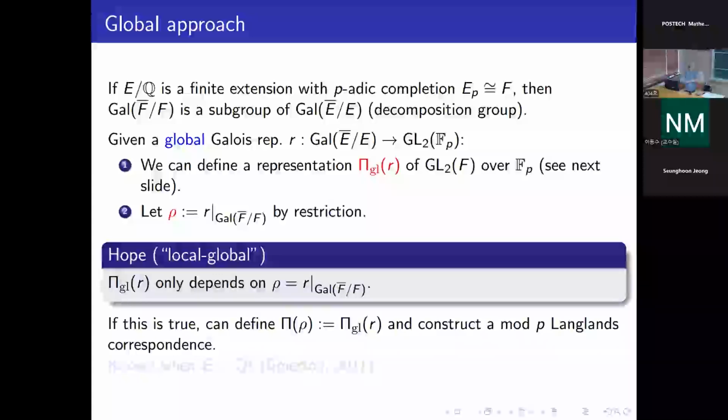And if this is true, we can define a mod p Langlands correspondence in this way: just globalize the Galois representation, take the associated GL2(F) representation, and then take that. And the nice thing is, it's known that this is true when E is equal to Q. So in that case, where we do know the p-adic Langlands or mod p Langlands correspondence, this hope is true. And it was proved by Emerton a little while ago.